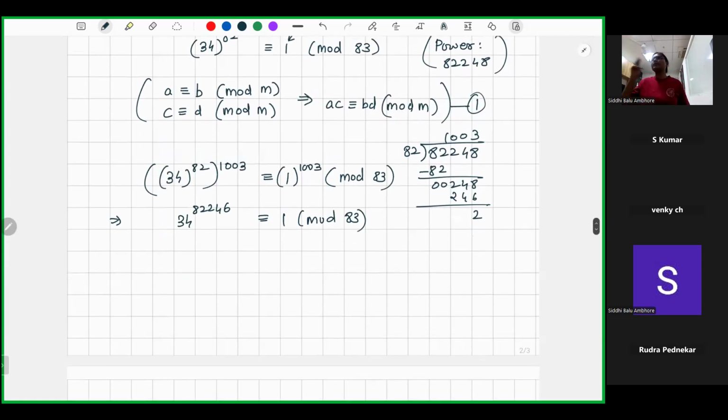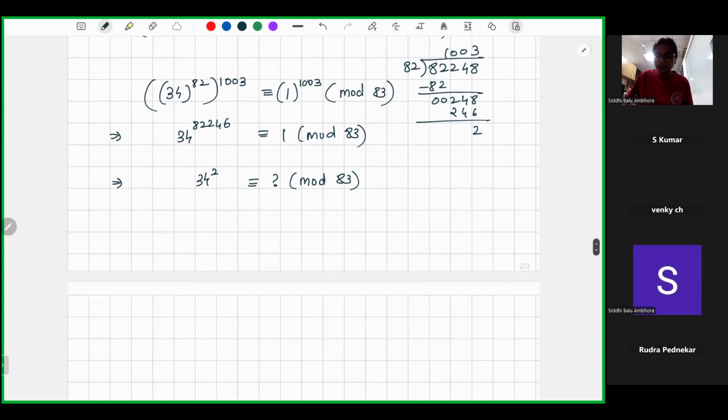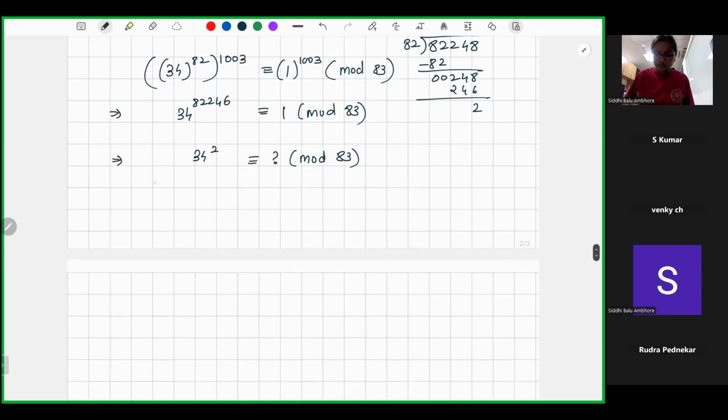Now I need to increase the power by 2, so let us see what 34 squared is congruent to. 34 is congruent to 34 mod 83, and 34 squared is 1156, you can check this.